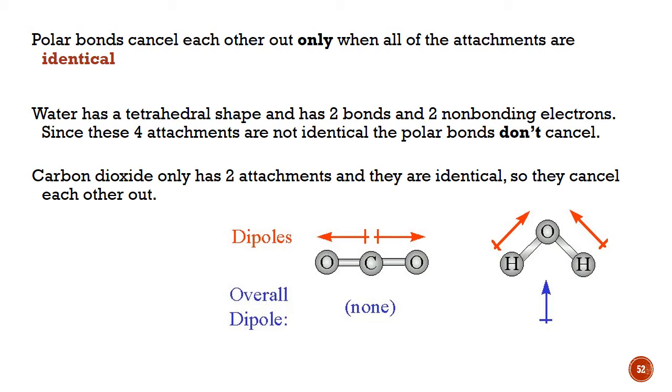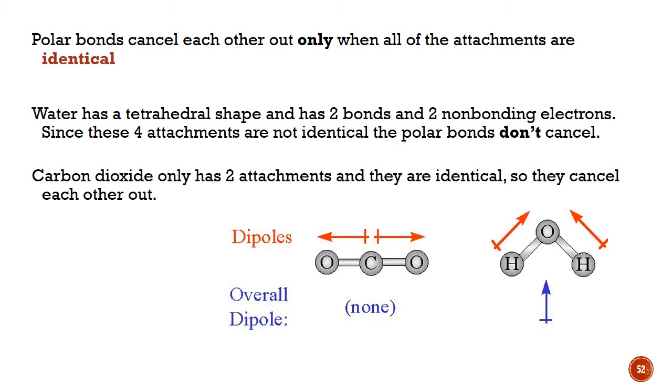Because they are both pulling up together, the oxygen has a negative charge. And so in water, the two bonds don't cancel each other out, so water is considered a polar molecule. It has polar bonds and it's a polar molecule.